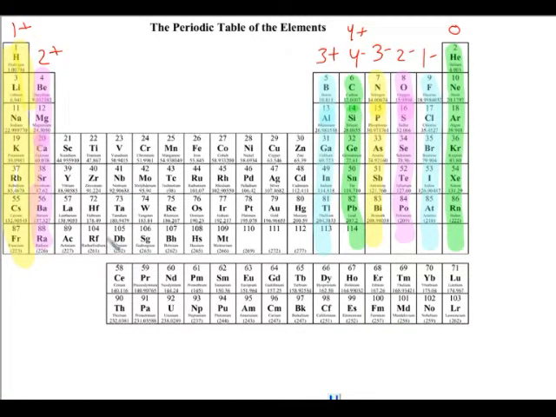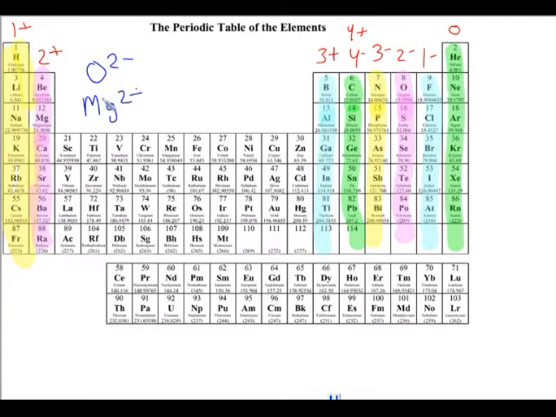I've got some vocabulary words that I forgot to mention last time. We saw last lesson that we had oxygen 2 minus and magnesium 2 plus. Magnesium lost 2 electrons to become stable and happy. Oxygen gained 2 negative electrons to become stable and happy.